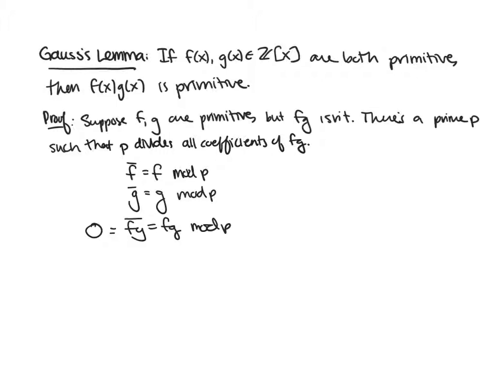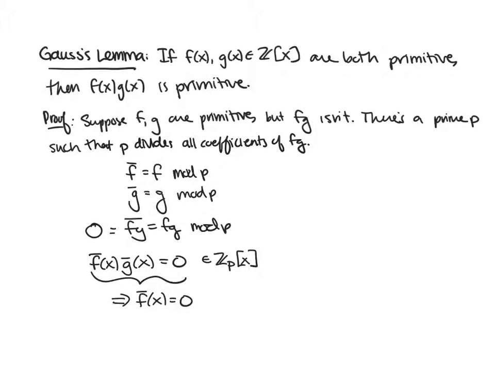Alright, so that means f bar times g bar equals 0, working over Z_p. But Z_p is a field, and so we know that the polynomial ring is an integral domain. So we have no 0 divisors, so this means that either f reduces to the 0 polynomial or g reduces to the 0 polynomial. So that's just because we have no 0 divisors here.